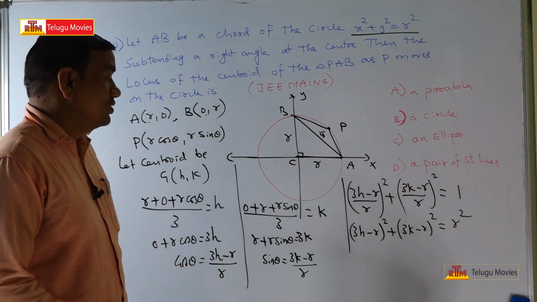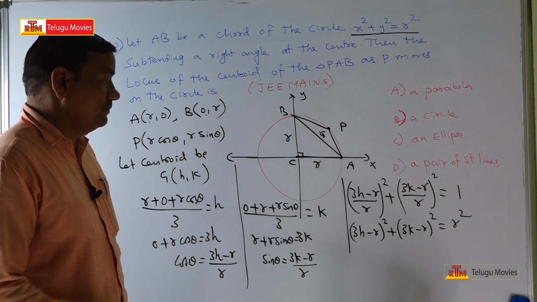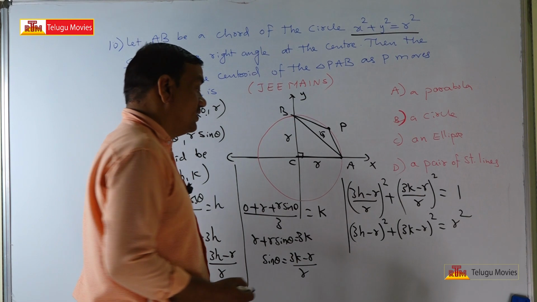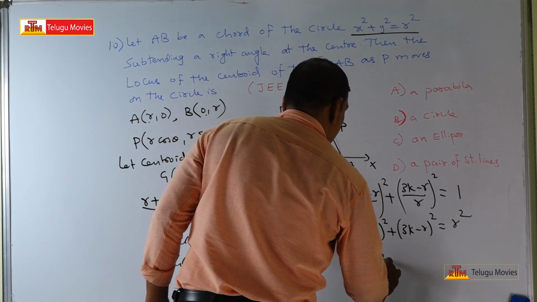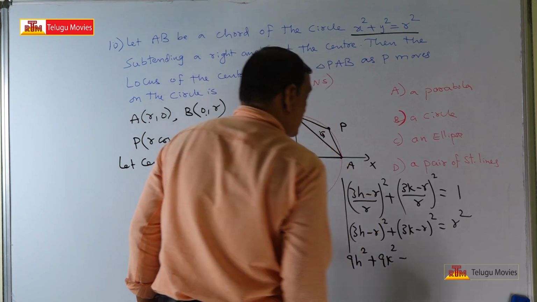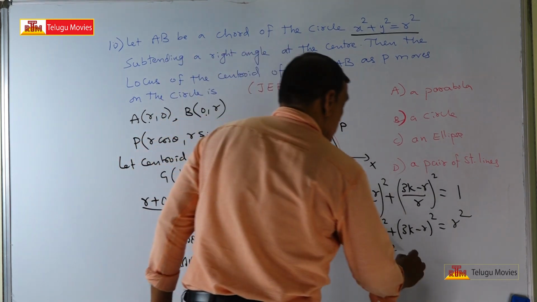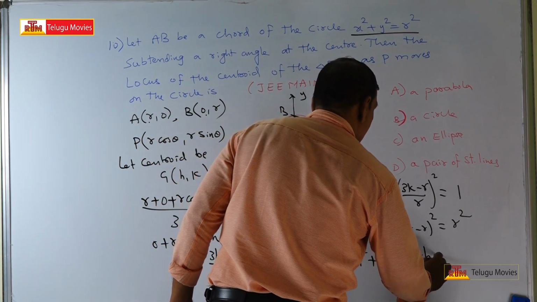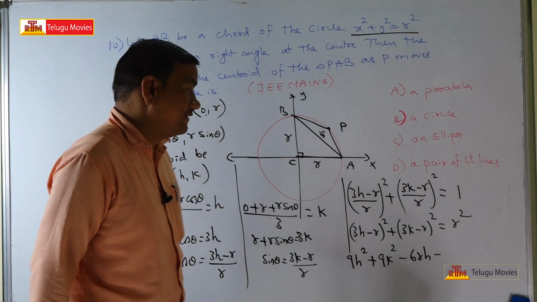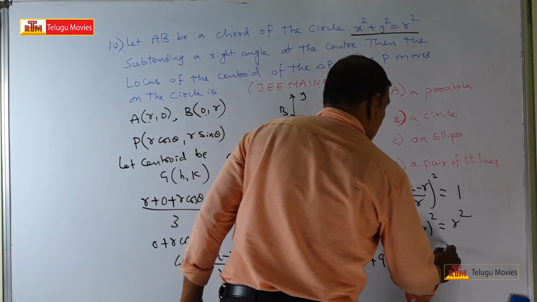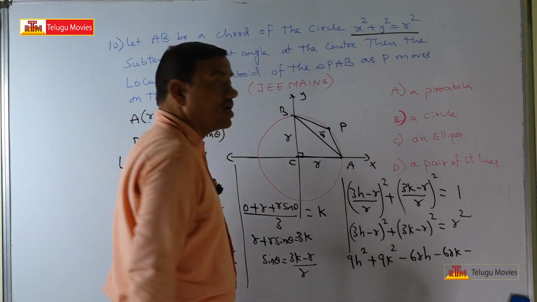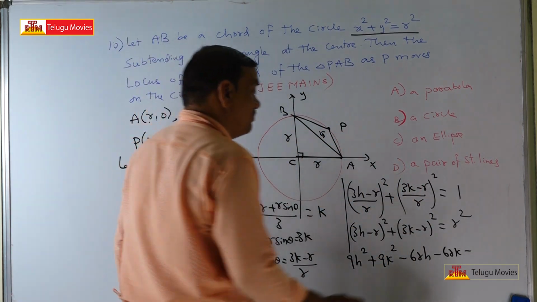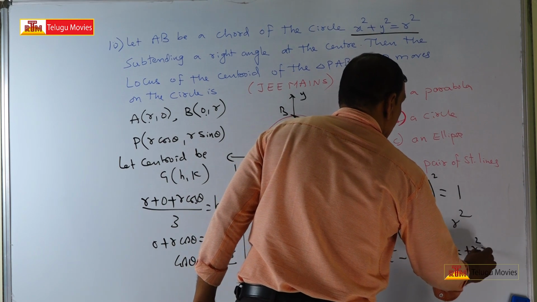If you expand it, you will get 9h square plus 9k square minus 6rh minus 6rk, and r square plus r square minus r square gives plus r square, is equal to 0.